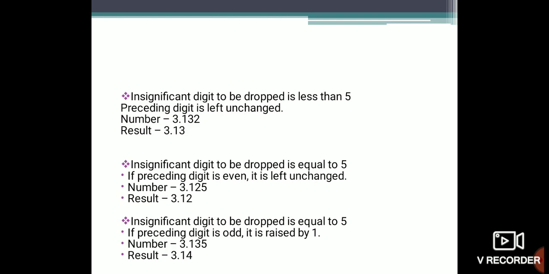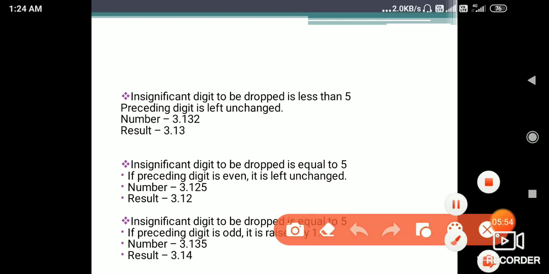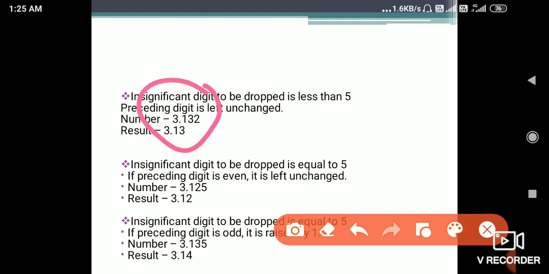Let us go with the next rule. If the uncertain or doubtful digit is less than 5. In the first one we studied that it is more than 5, and in the next case the digit is less than 5. See an example, that is 3.132, and the doubtful or uncertain digit is 2, and 2 is less than 5.